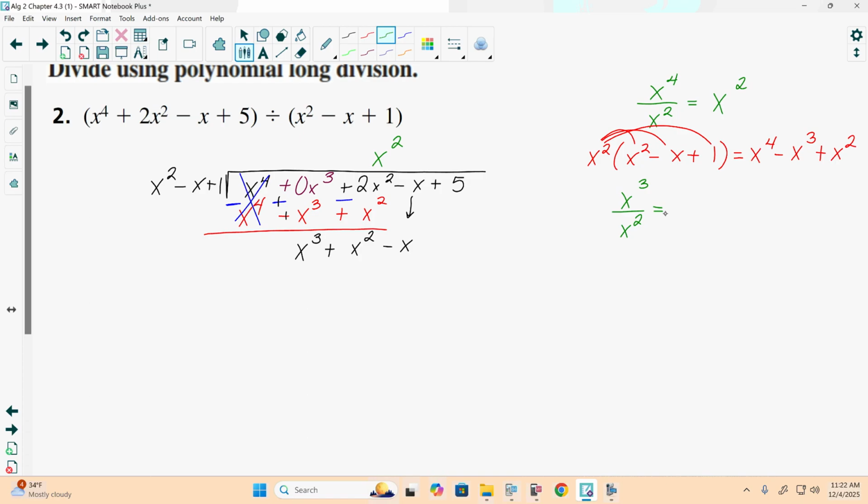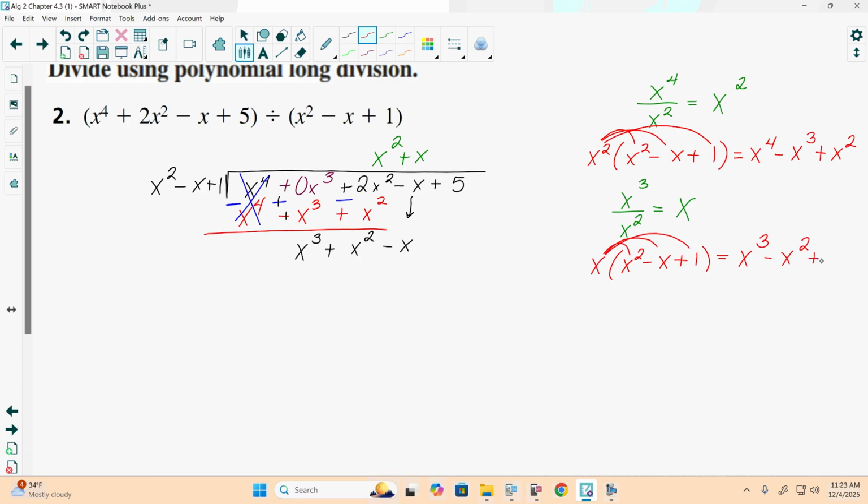And x cubed divided by x squared would indeed be positive x. So we have plus x, telling us that the next term we have to multiply our x squared minus x plus 1 by is going to be just x. And x times x squared is going to be x cubed, x to the 3rd. x times negative x is going to be negative x squared.